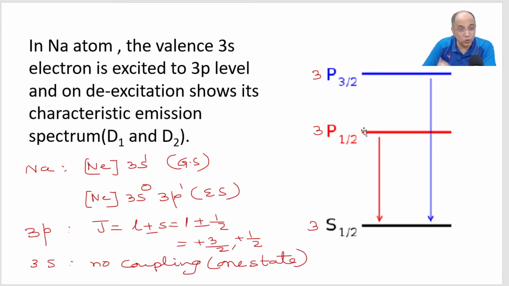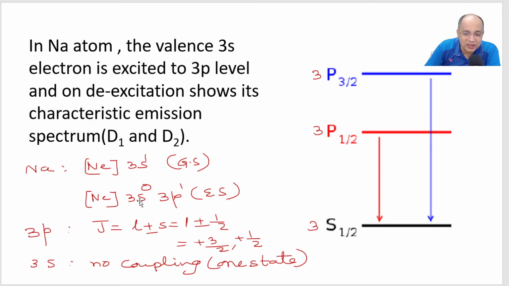Now in sodium, the configuration is the neon configuration 3s1. It is the ground state 3s, and in the flame it goes to the 3p level. There is a good gap between 3s and 3p. It is a multi-electron species. As such, due to different penetration power, 3s and 3p are of different energy values. They are not degenerate like the hydrogen atom, right?